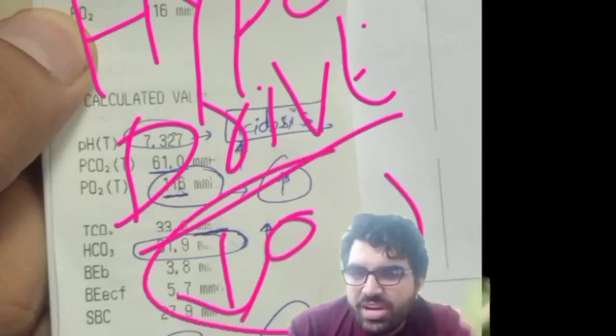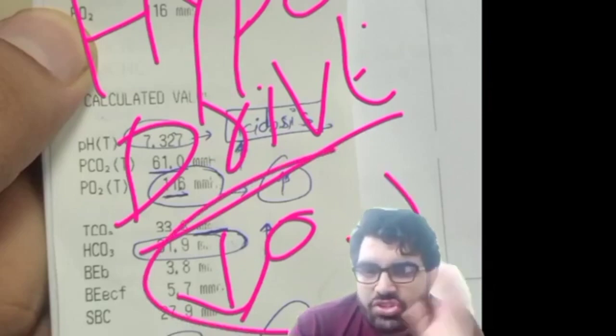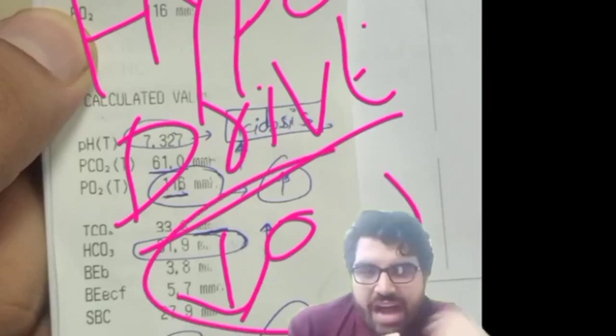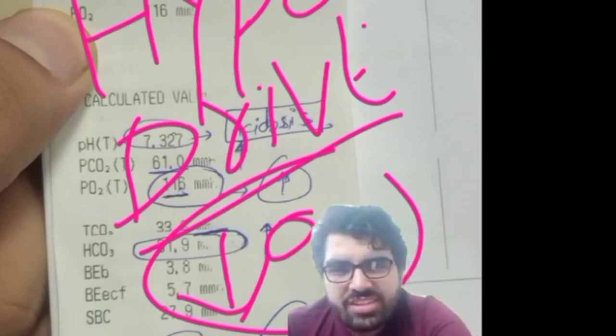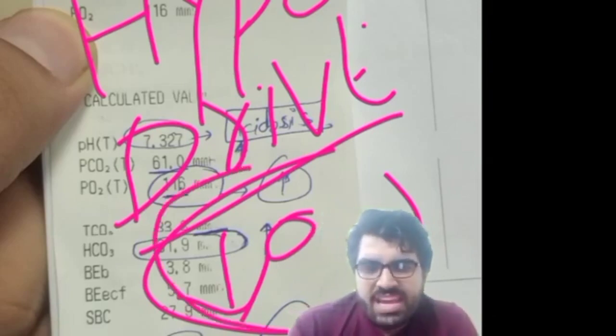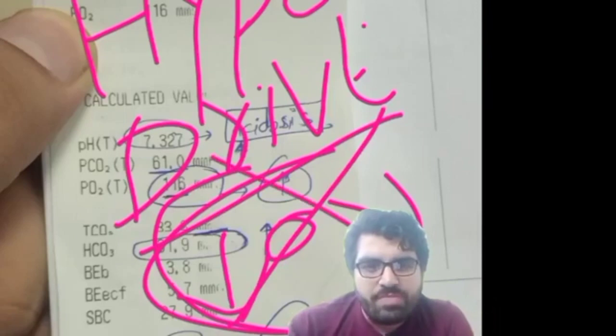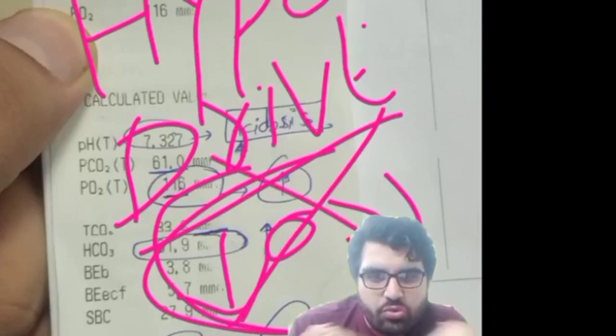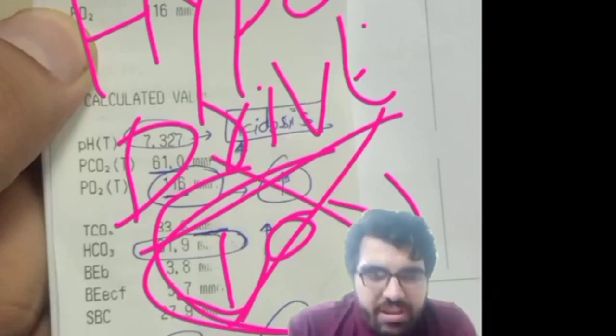The respiratory center is stimulated and they breathe and wash out the CO2. Now when you give high oxygen, this hypoxic drive is removed and the person retains CO2. So this was a simple case of ABGs.